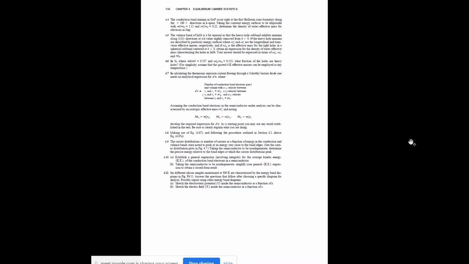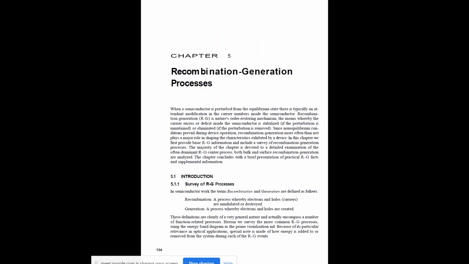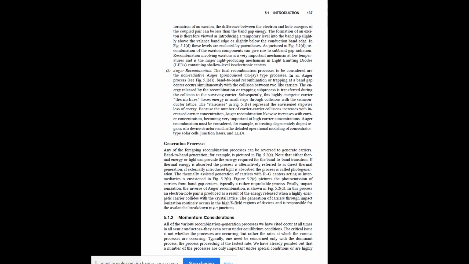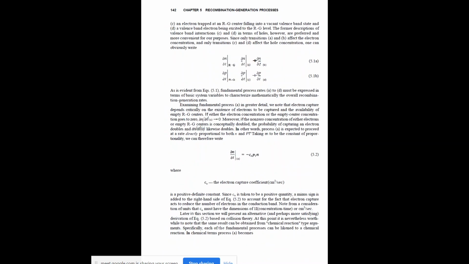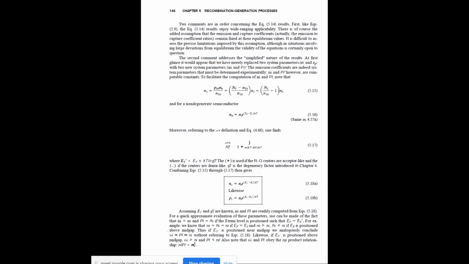you see from chapter number 5, here it starts with recombination generation processes, how this recombination, how this photon and how this heat is changing, and its momentum considerations. These all things are there in great detail. From here only, sir has taught most of the portion.